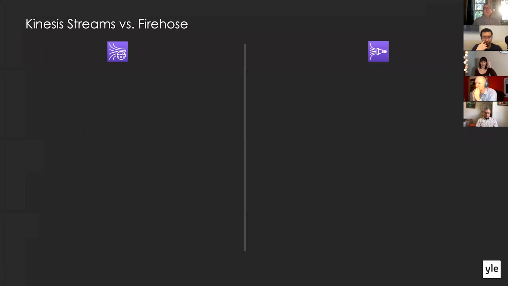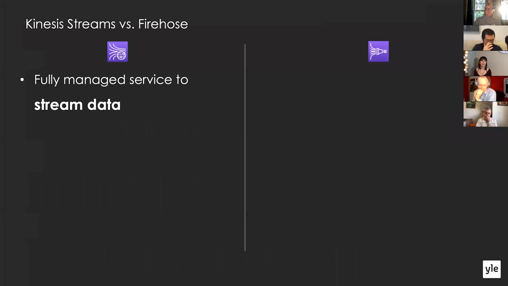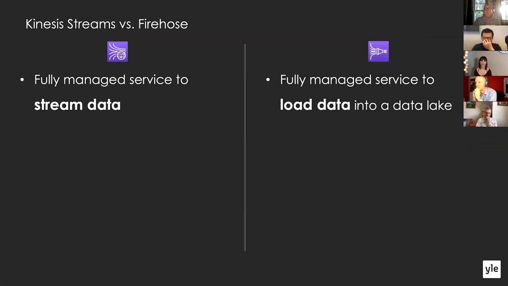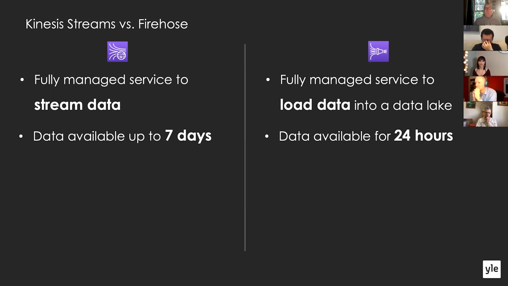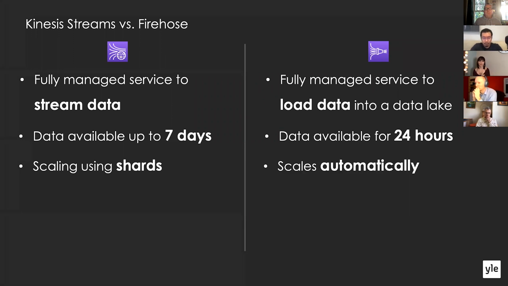I'll go briefly through the differences of the services I just described. Kinesis Streams and Firehose are both fully managed services. Streams are for streaming data, and Firehose is for loading data to a destination. They have different retention times for the data that is written to them. One key difference is that Kinesis streams you need to scale manually, and it scales in shards, while Firehose scales automatically.